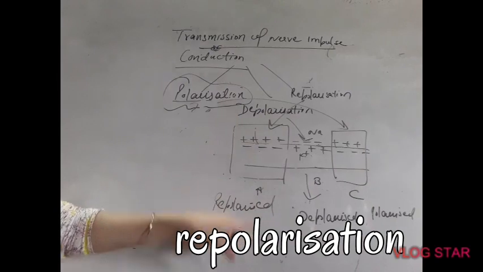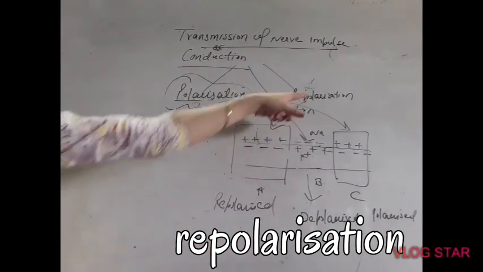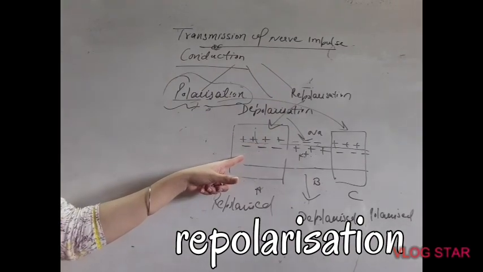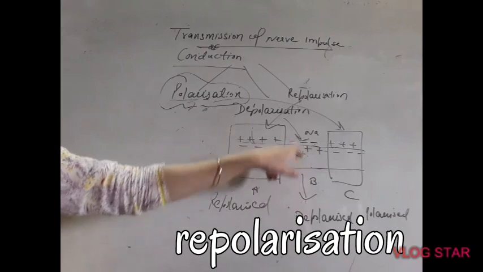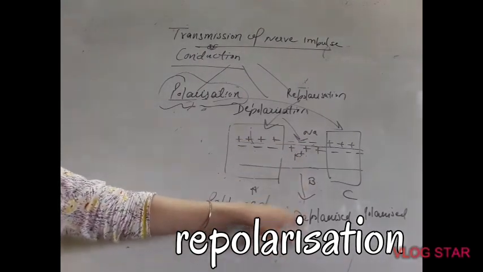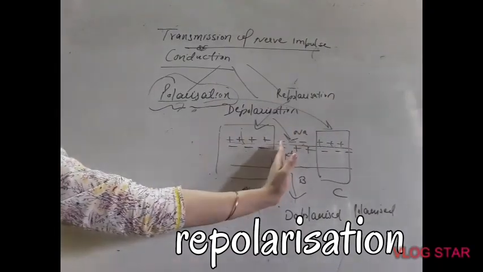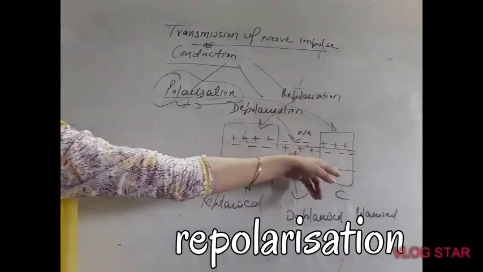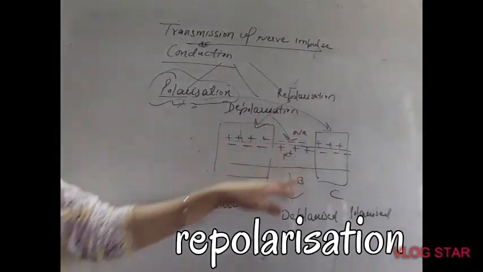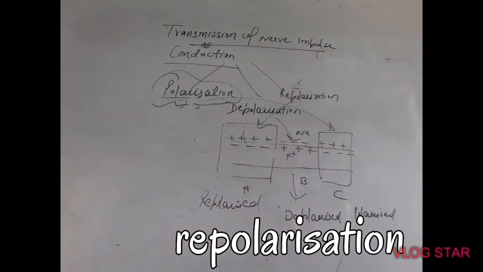So, this way A at the third stage will come to the repolarized phase, and now the impulse will move on to the next stage B, and B will become depolarized, and C will still be at the first phase, the polarized phase. So this polarized area will now become depolarized and this will again become repolarized. So in this way the impulse travels to the next phase in stages.